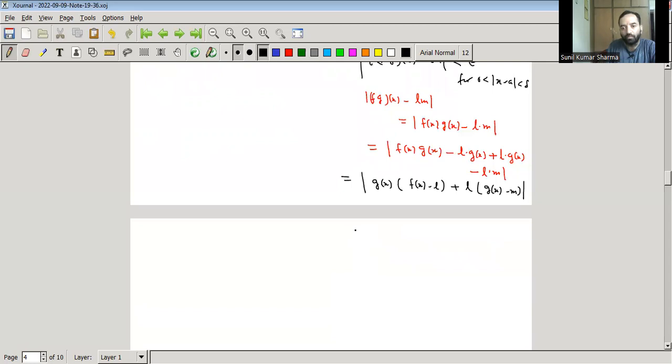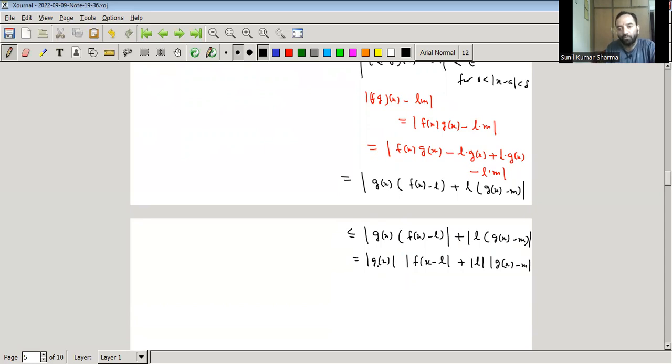So by using the triangular inequality you can write this as mod of g(x) into f(x) minus L plus mod of L into g(x) minus m, and this is equal to mod g(x) into mod f(x) minus L plus mod L into mod g(x) minus m.